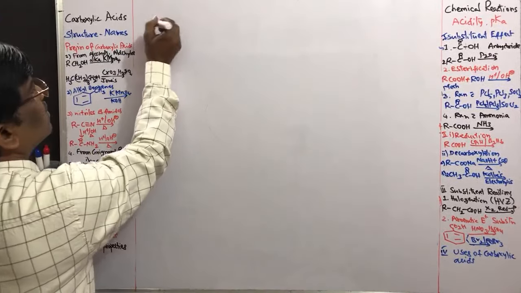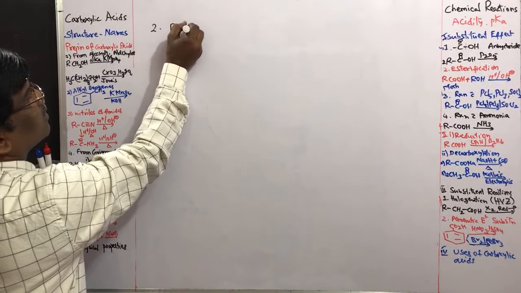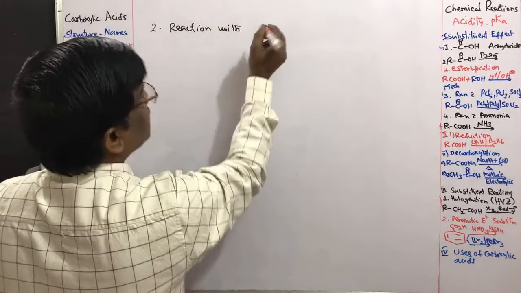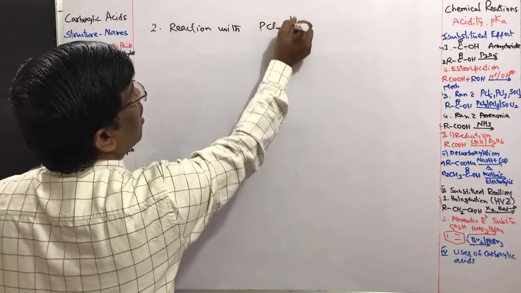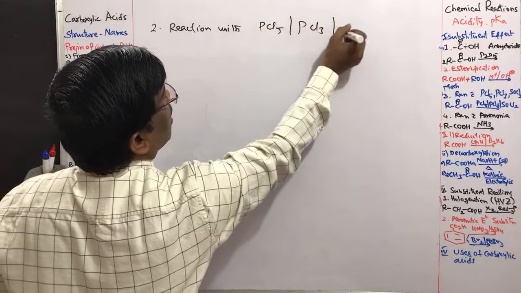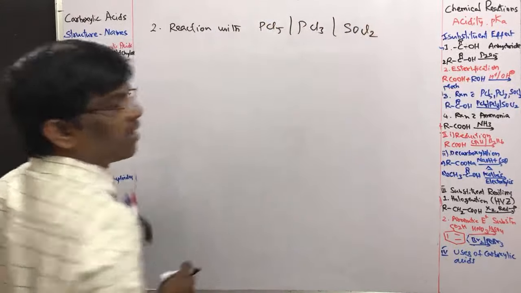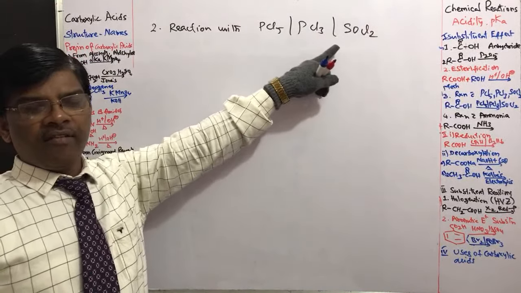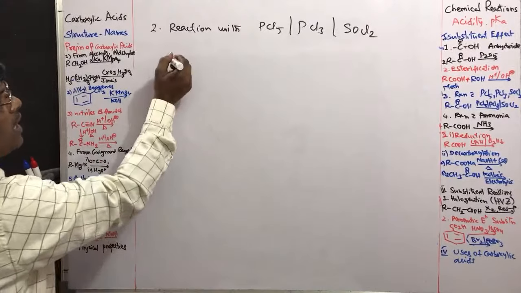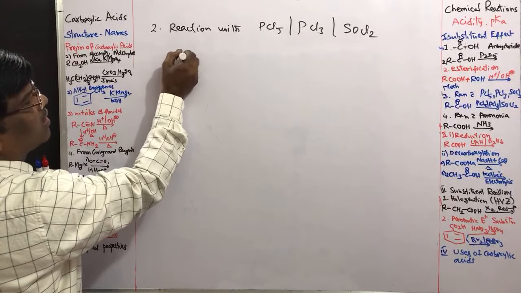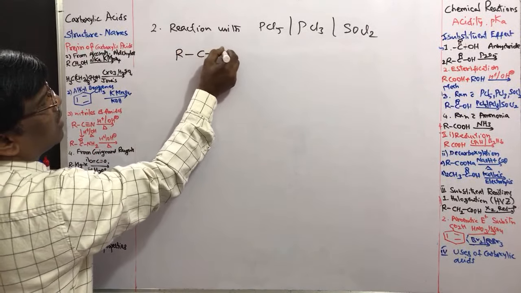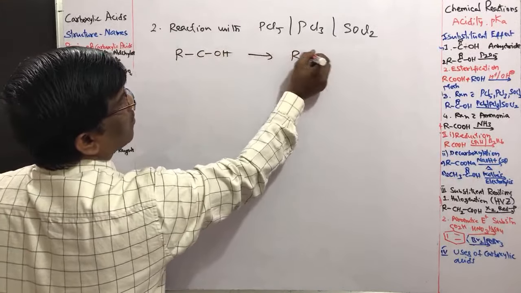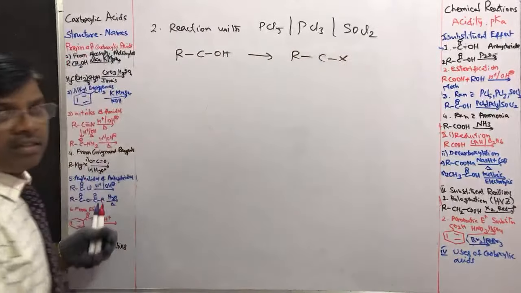Then reaction with phosphorus pentachloride or phosphorus trichloride or thionyl chloride. During the alcohols part, we came across this type of reaction where the OH group is substituted with halogen. In alcohols, we have seen that halogen.